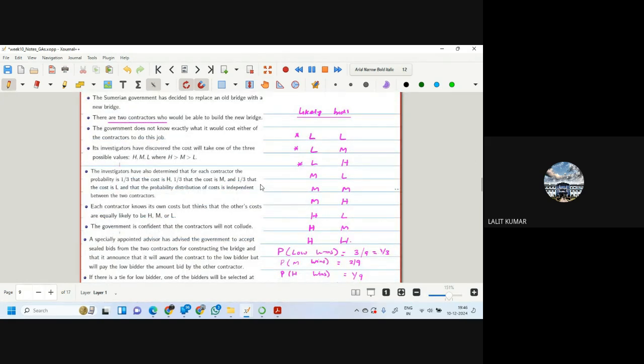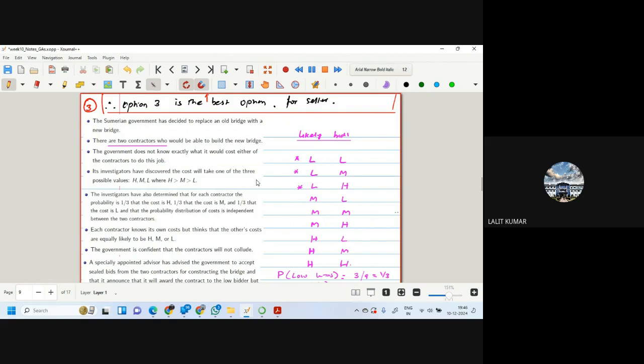Now the third example: the Sumerian government has decided to replace an old bridge with a new bridge. There are two contractors who would be able to build the new bridge. The government does not know exactly what it would cost either of the contractors to do this job. The investigators have discovered the cost will take any of these three values: H, M, or L, high, medium, or low.